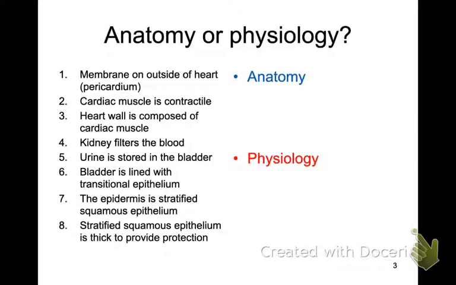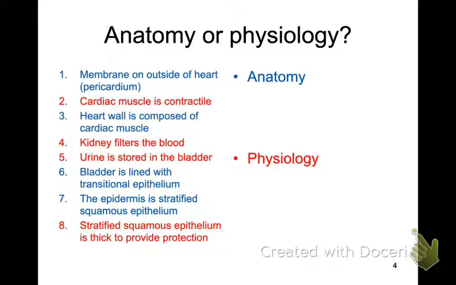Number 7, the epidermis, the upper layer of the skin, is stratified squamous epithelium. Stratified squamous epithelium is a type of epithelial tissue. So is that describing anatomy or physiology? And then the last one, stratified squamous epithelium is thick to provide protection. So let's look at the answers.